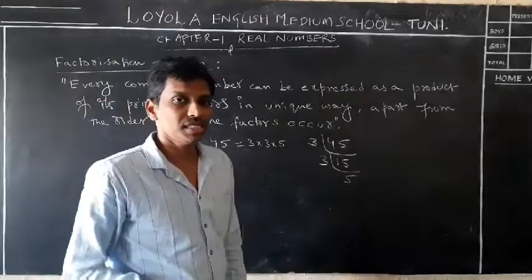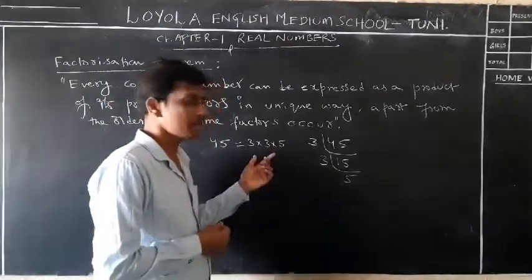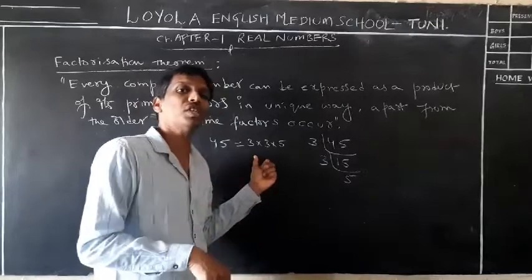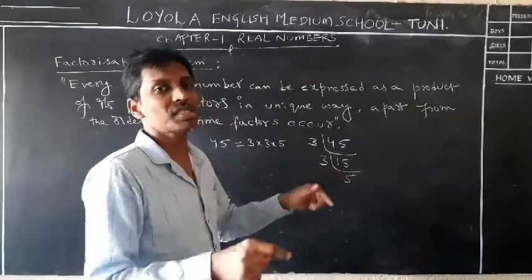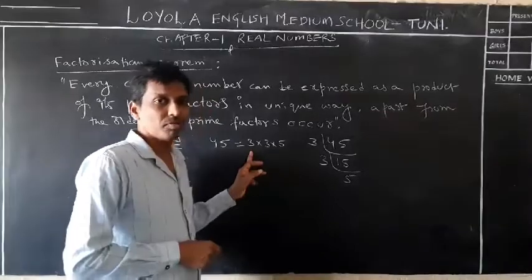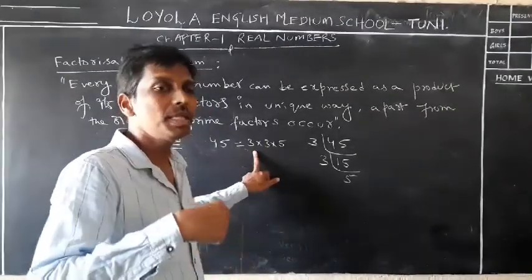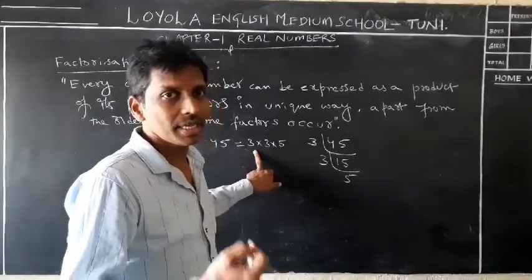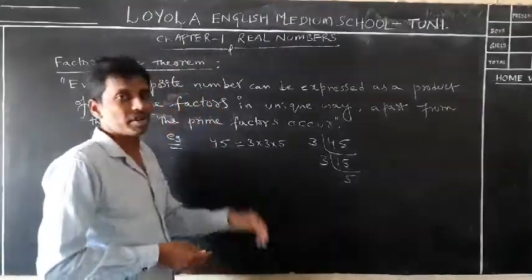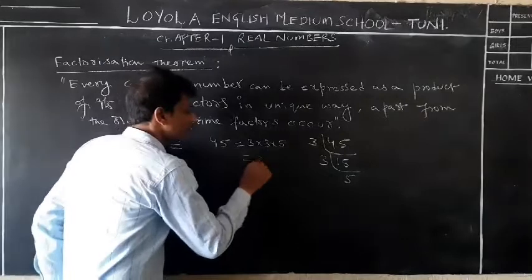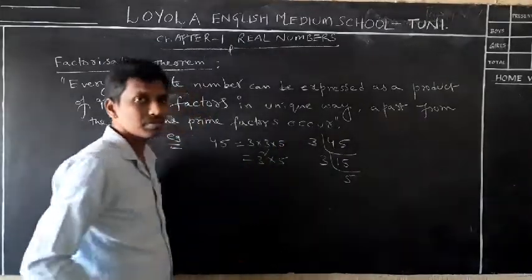My sincere advice is, better you write its exponential form if necessary. If necessary, in the sense, if any prime number is multiplied twice or thrice, then better we write it in power notation. That means 3 square into 5.